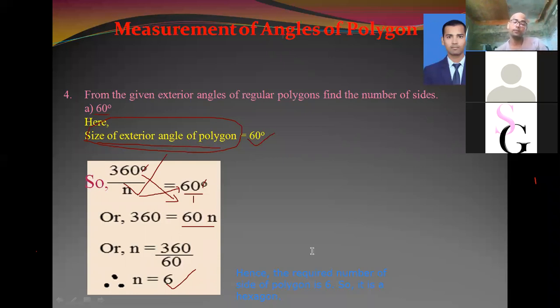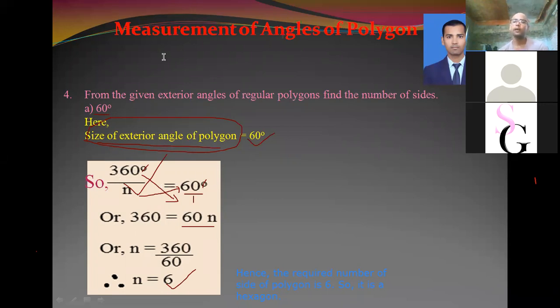In this way, we can find the number of sides if the size of the exterior angle is given. Not only this, we can also use the formula for the sum of the interior angles. If the sum of the interior angles is given, by using the same formula we can find the number of sides.